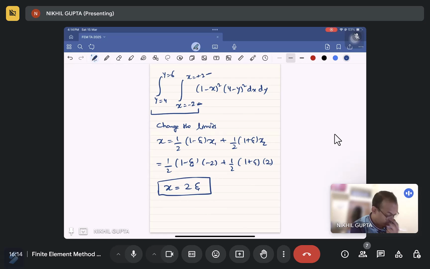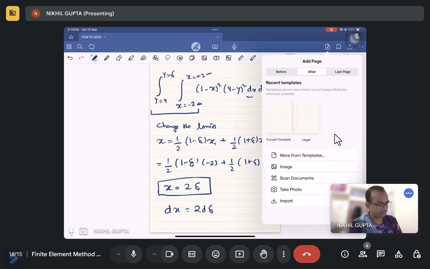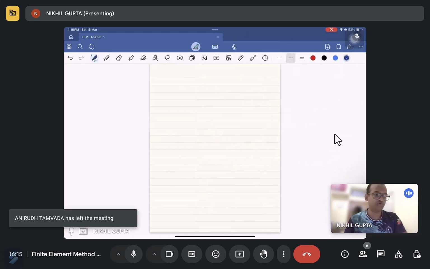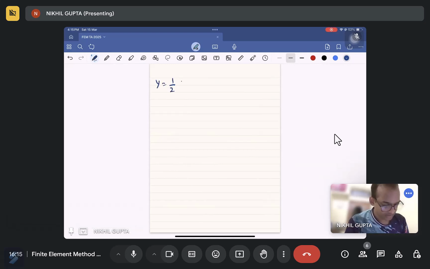Now since you have got this, you have to change dx and dy as well. So dx is equal to twice of d xi. Same thing you have to do with y also. So for y, you will write in the form of eta: 1 by 2, (1 minus eta) into 4 plus 1 by 2, (1 plus eta) into 6.